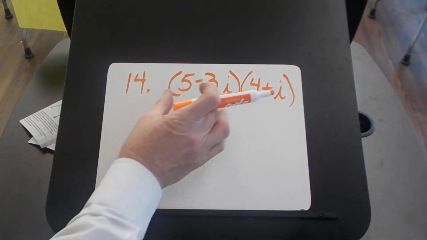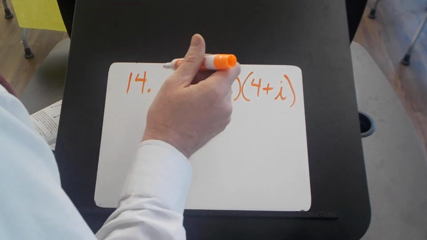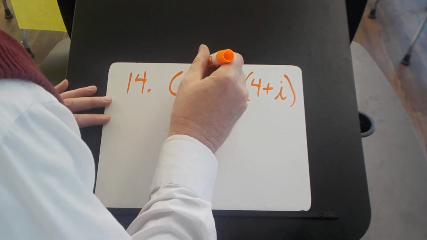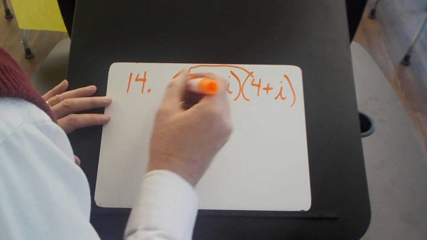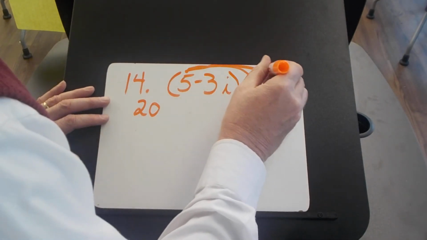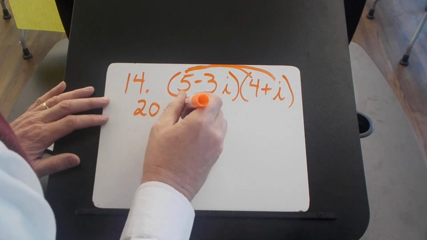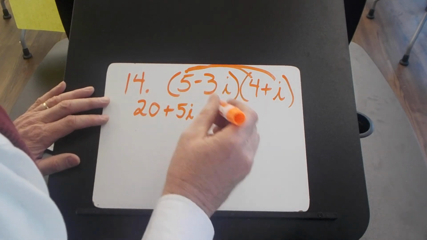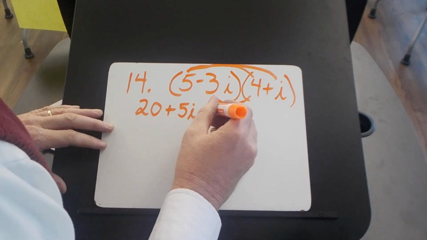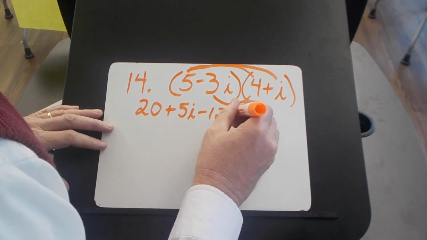Okay, 5 minus 3i times 4 plus i, I am going to FOIL. 5 times 4 is 20. First, outside, 5 times i is 5i. Inside, negative 3i times 4 is negative 12i.